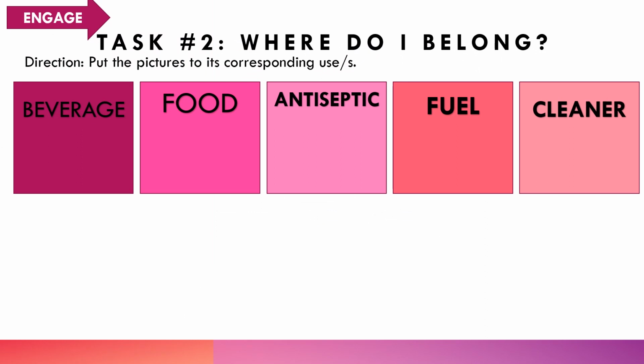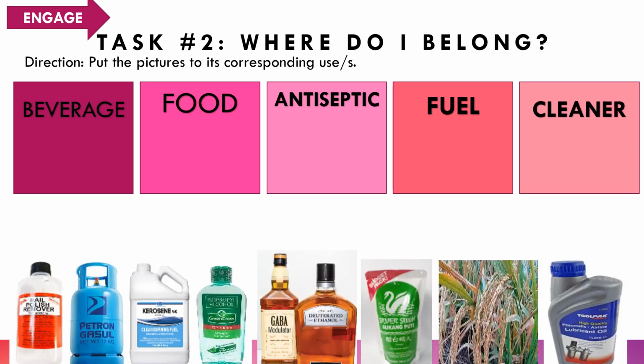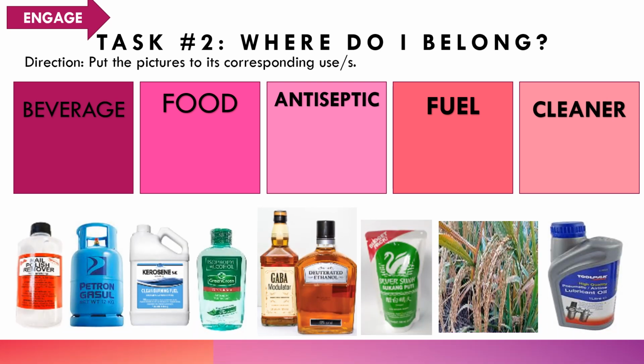Task number 2, Where do I belong? To the direction, put the pictures to its corresponding use or uses. Okay, so we have here different pictures of the common products as well as crop that can be seen in the surrounding.